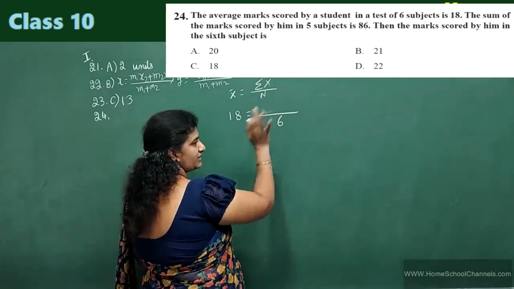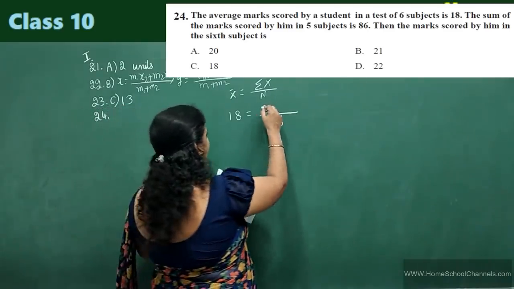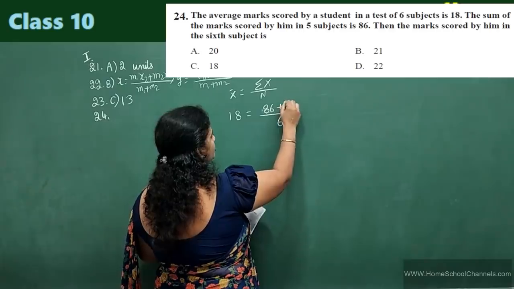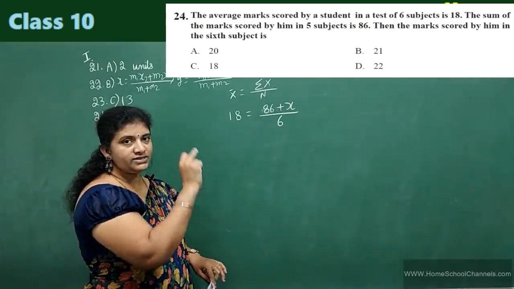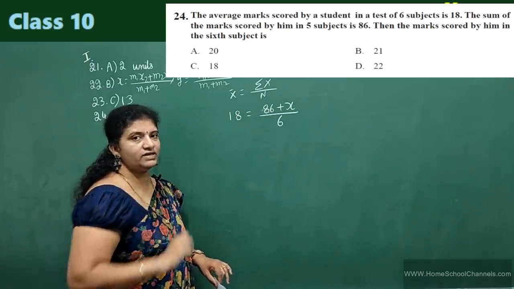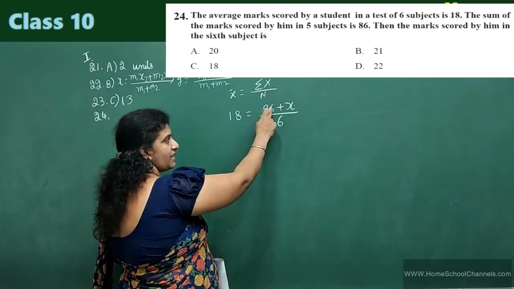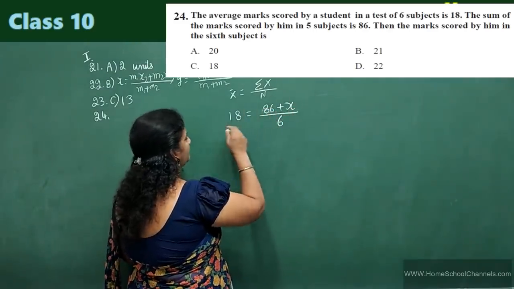We know 5 subjects sum. Okay, 5 subjects sum is how much? 86. And we should find the 6th subject. Average is equal to sum of 6 subjects score by number of the subjects. 5 subjects sum is 86. Find the 6th subject score.